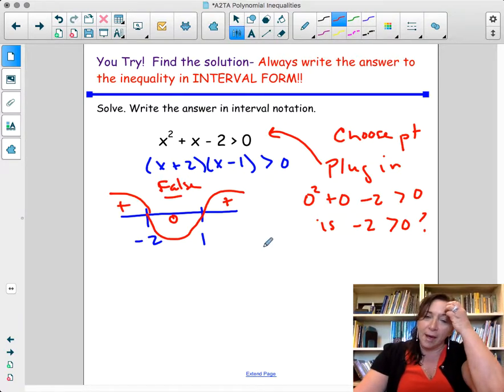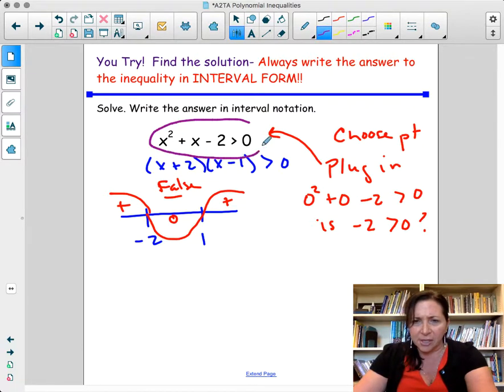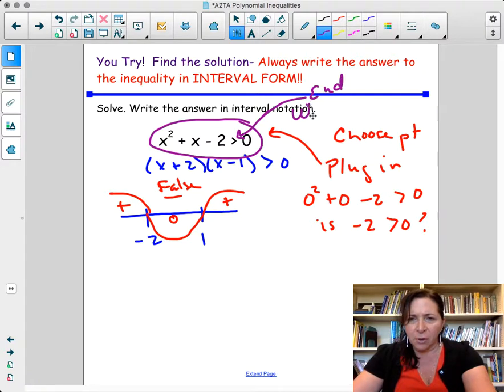So now what you have is your sign pattern test. You sign pattern tested it, and now you go back to the original equation, and the original equation is asking you that right there. That's what's important: where is my graph greater than 0? So at the very end, you're asking yourself where your graph is greater than 0.